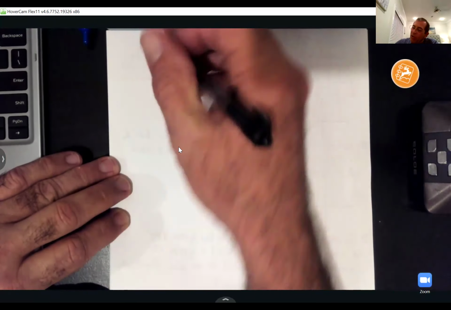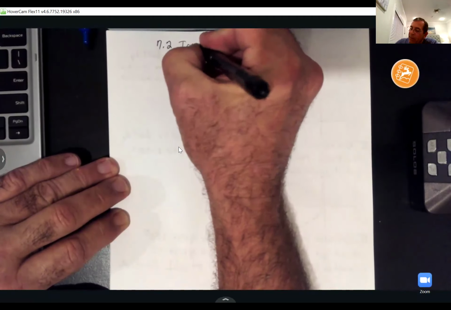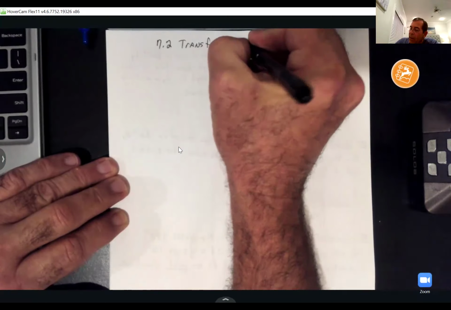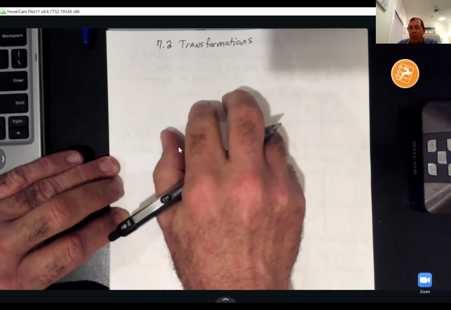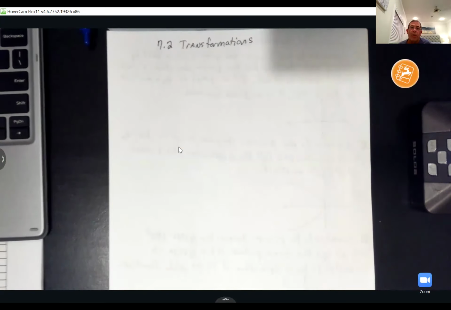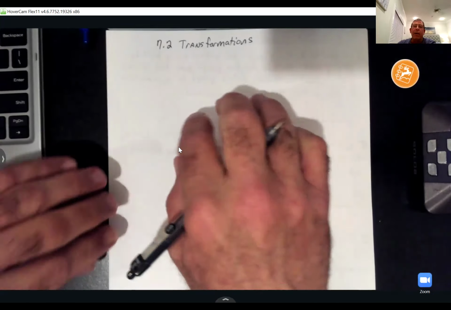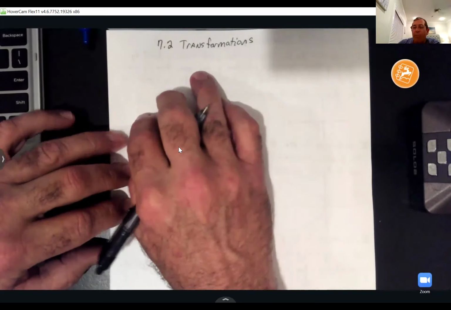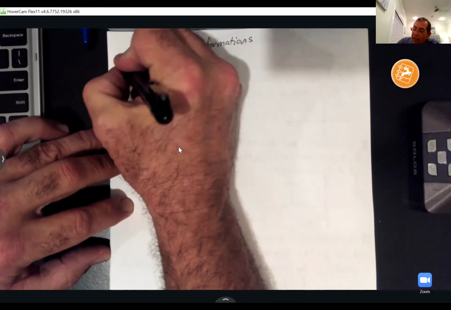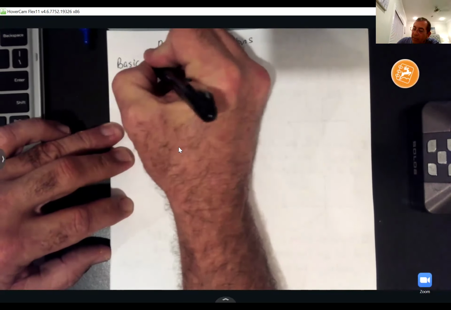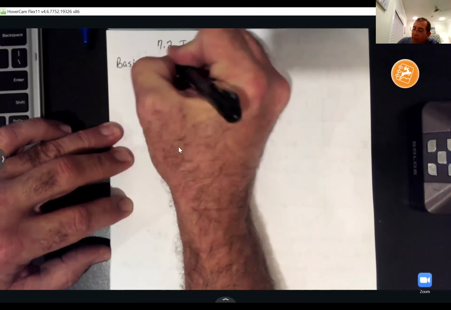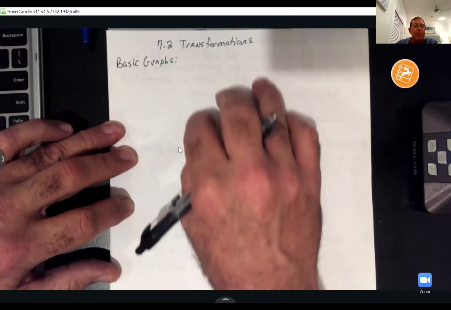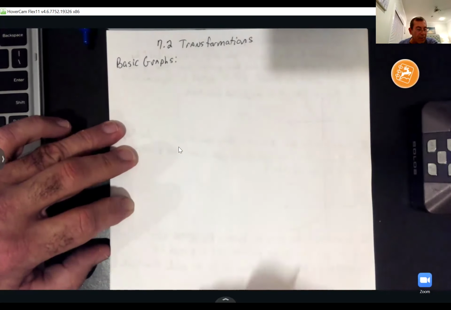So 7-2 is transformations. Now, transformations is how I move a graph from one part to another part of the plane. I'm going to move them around, okay? Now, before we learn the moves, we're going to look at some basic graphs, because we'll start with these basic graphs and we're going to move them up, down, left, right, and reflect them.